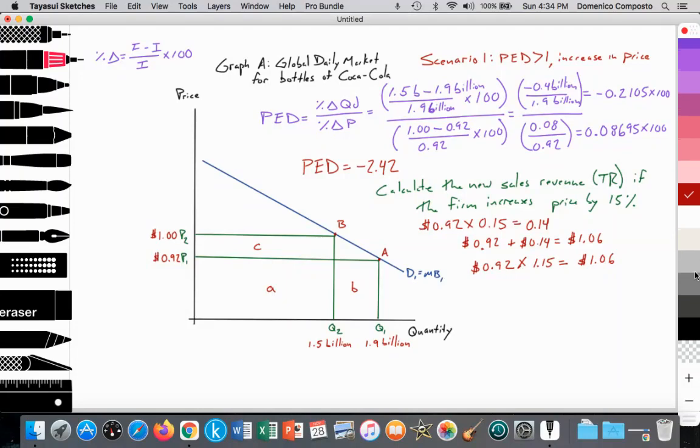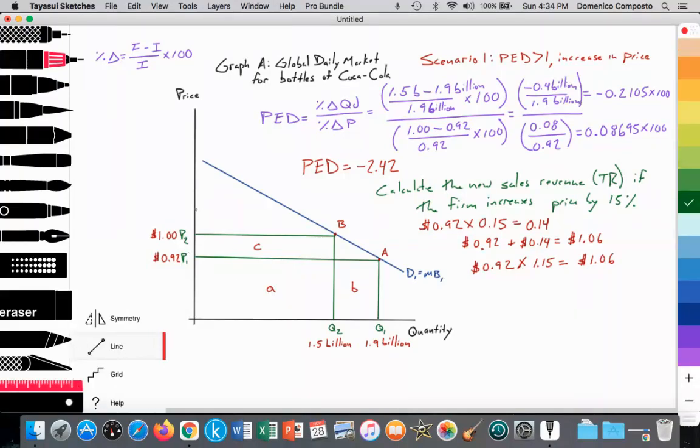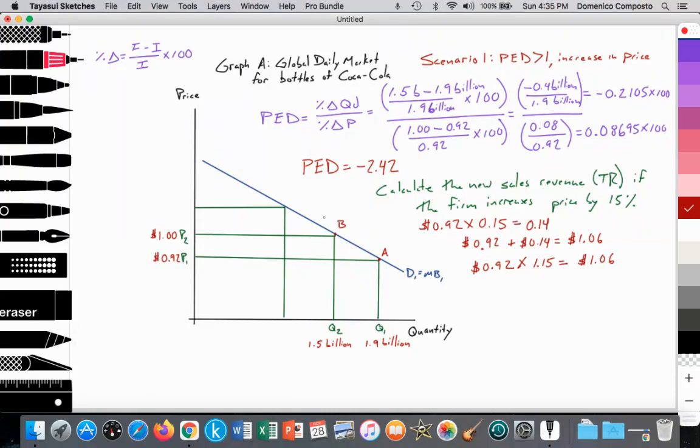So we're going to see that price is rising to this point. Let's draw where the price is going visually. It's going up to, let's say, P3, along the demand curve, A, B, C. We're going up to P3 with quantity falling to Q3.